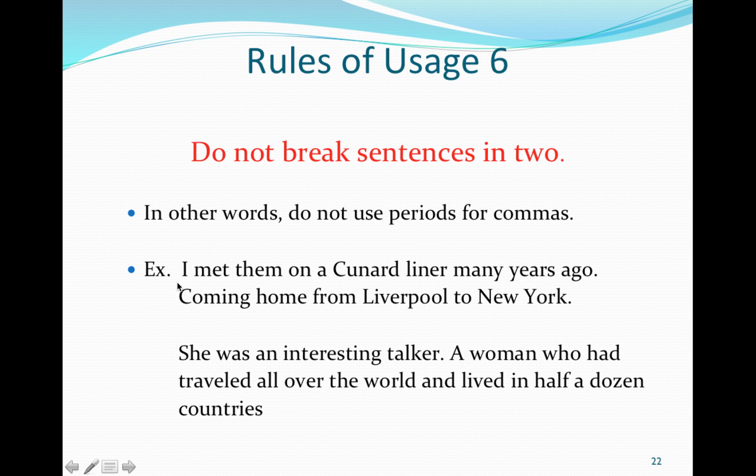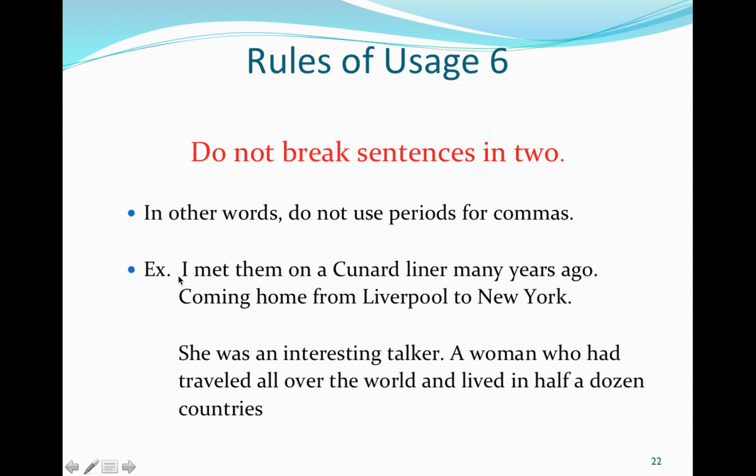Let me read them again. Listen carefully. I met them on a Cunard liner many years ago. I is your subject. Met is your verb. I met who? Them is your direct object.